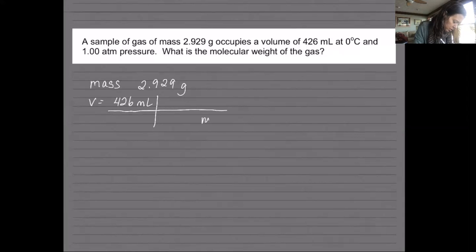And we have a sample of gas with a mass of 2.929 grams, occupies a volume of 426 milliliters. Well, I know that I'm using the ideal gas law and I cannot use milliliters, so I'll change those to liters.